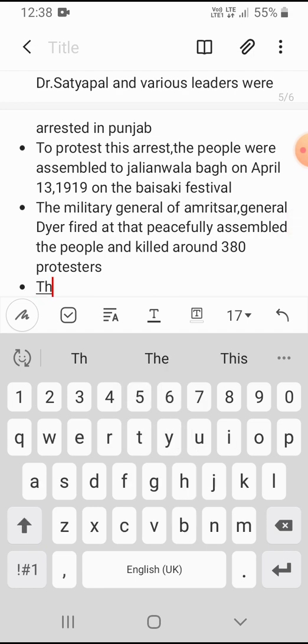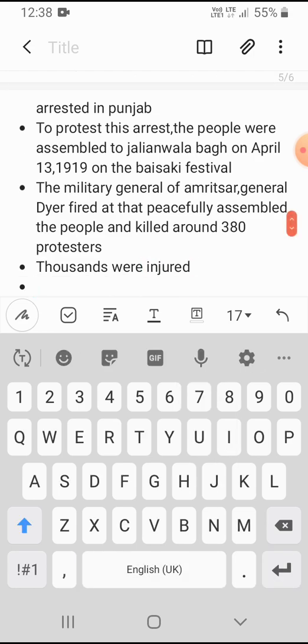More than 1,000 people were injured by that attack.